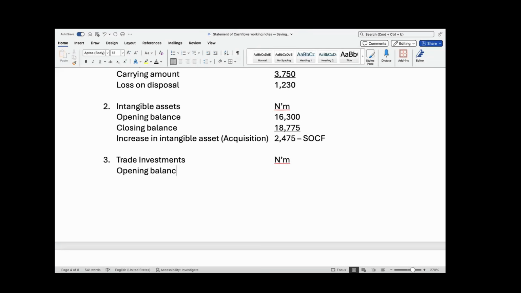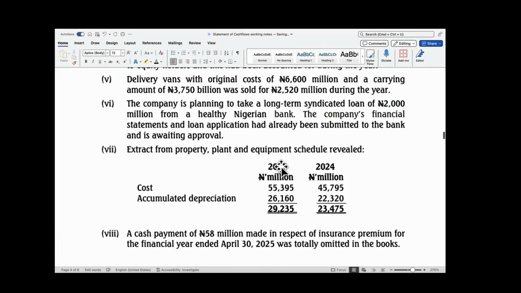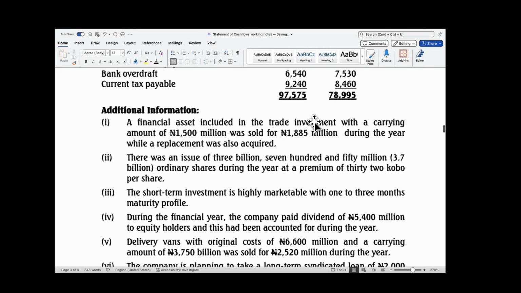They told me that there was a disposal, and that's why I'm bringing in disposal as a deduction. Now, they said a financial asset included in the trade investment with a carrying amount of 1.5 was sold for 1,885 during the year.